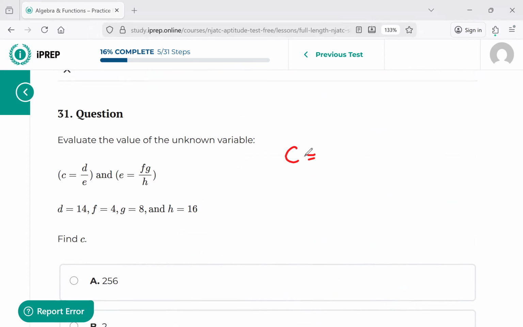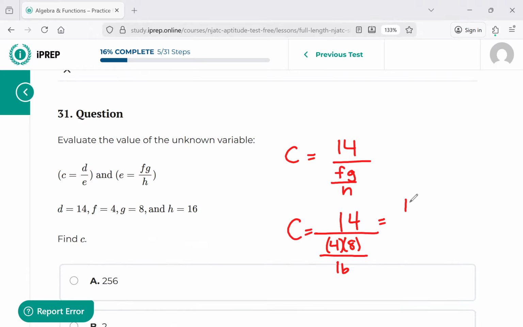So C equals D, which is 14, over E, which is FG over H. And then F is 4, and my G is 8, all over H. We have a complex fraction, but it's okay, be careful.